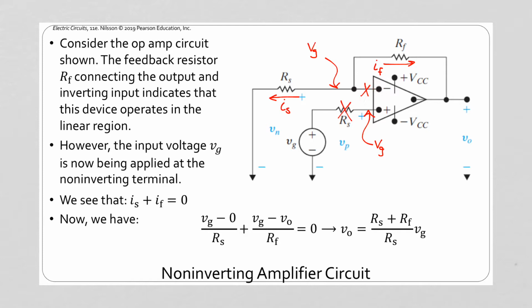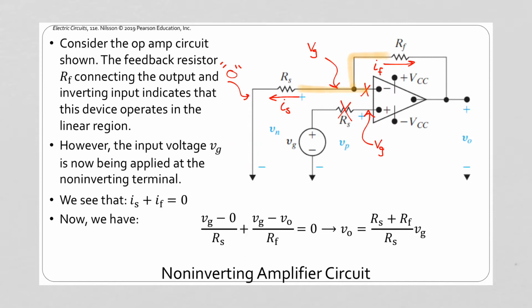Again, there's no current here, so if we write a KCL equation for this node right here, we really only have the two currents flowing out of that node, so the two currents flowing out equals zero flowing in. This is zero right here because we're connected to ground.